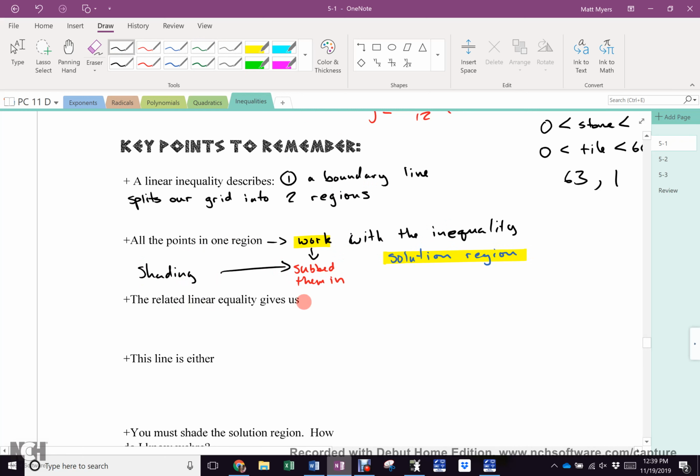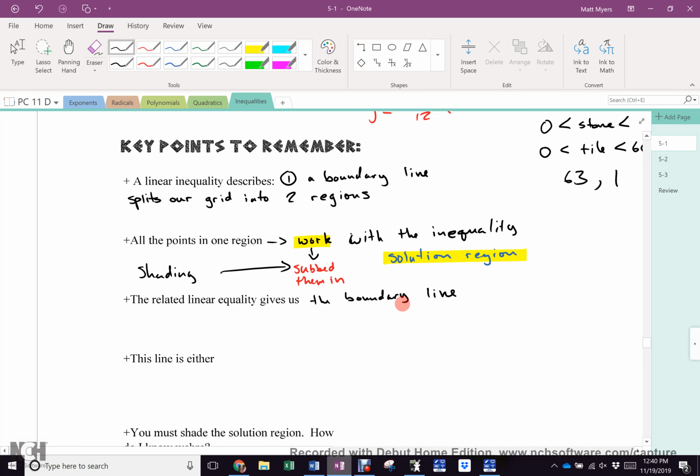The related linear equality gives us the boundary line. And what else does that boundary line tell us? What do we use for shading? How do we know where to shade? Test points. So that boundary line gives us where we've got to choose between our test points, right?